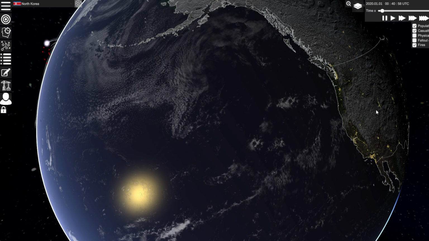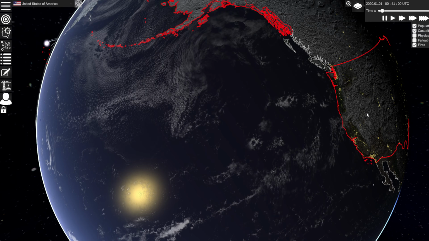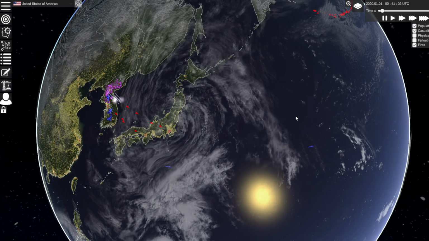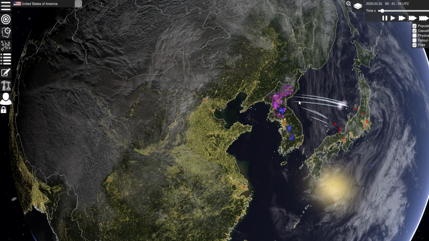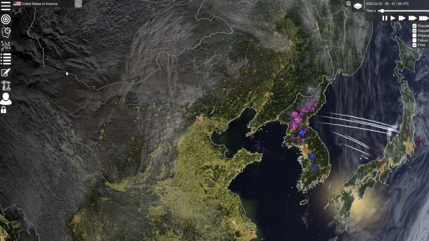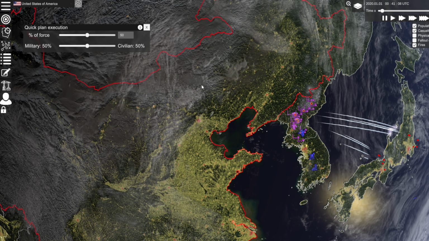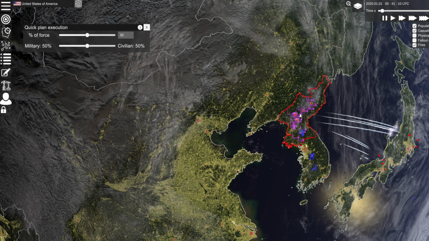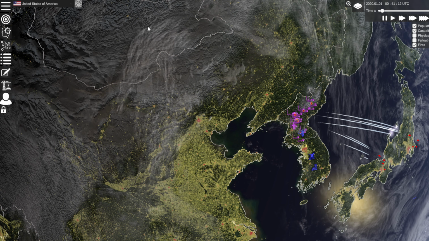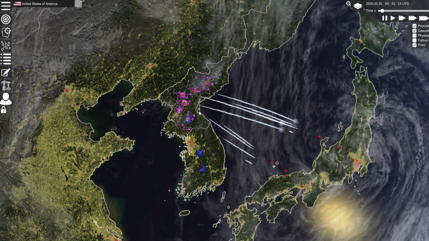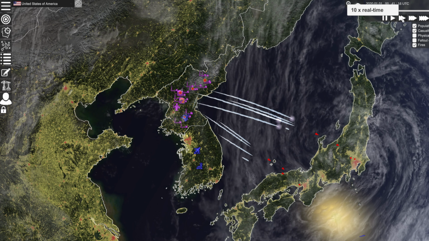And to continue the simulation, which would undoubtedly be an all-out U.S. nuclear response against the North Koreans, would occur. And we are going to simulate that as we speak.